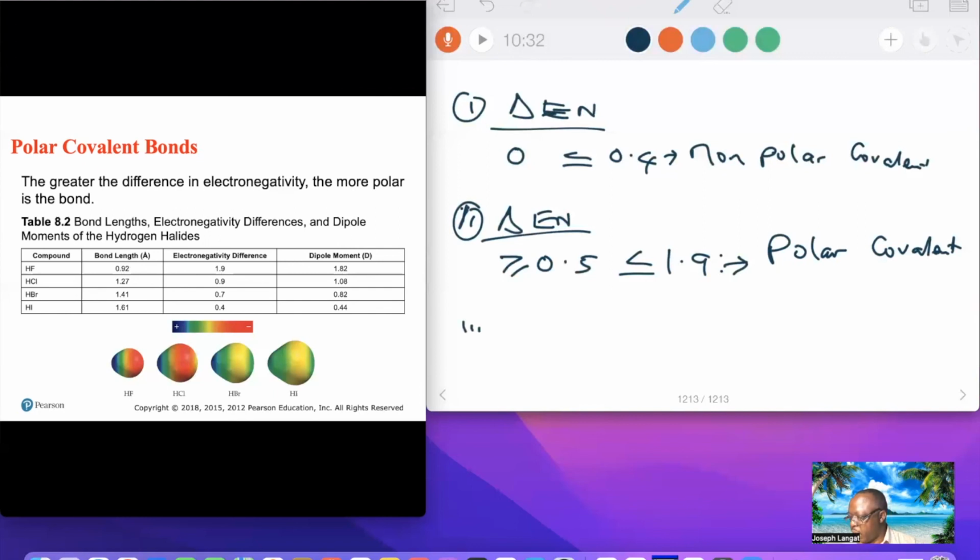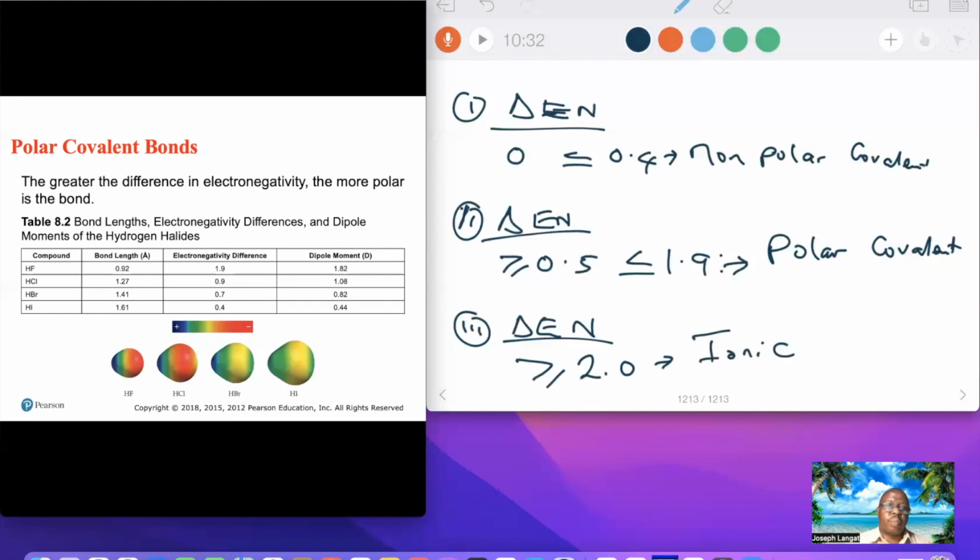And lastly, a change in electronegativity value greater than or equal to 2.0 means the bond is ionic.